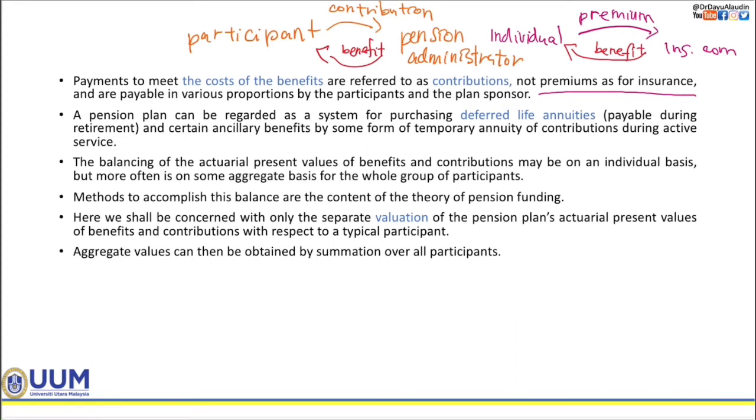So a pension plan can be regarded as a system for purchasing deferred life annuities, payable during the retirement, and certain ancillary benefits, or supplement benefits, by some form of temporary annuity of contributions during active service.